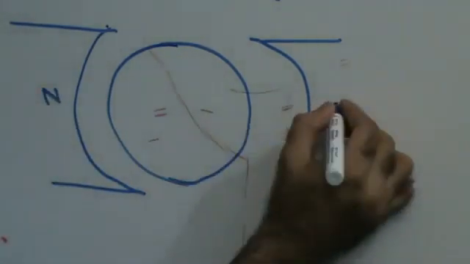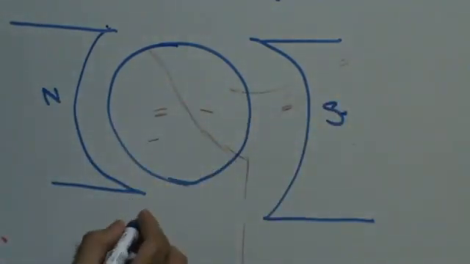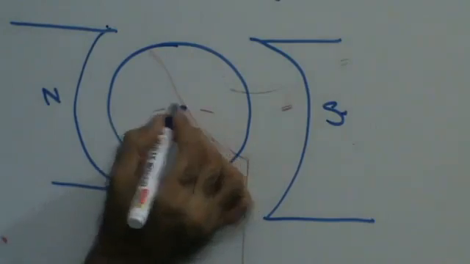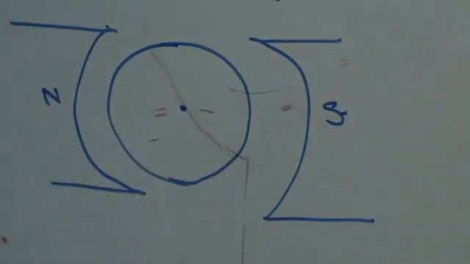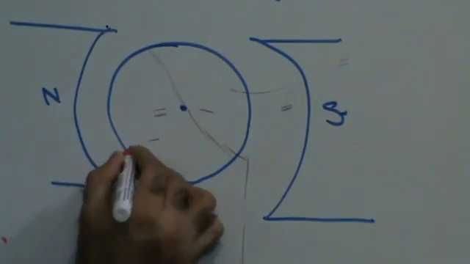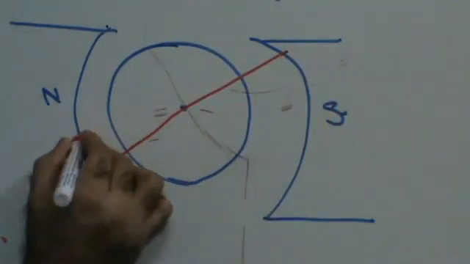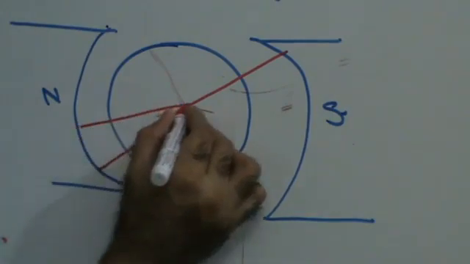This is your north pole, south pole. You have a center. Now you would have magnetic field that would be acting. The magnetic field that is going to be acting is going to be radial in nature. So you will have a radial magnetic field acting which is going to pass through the center.